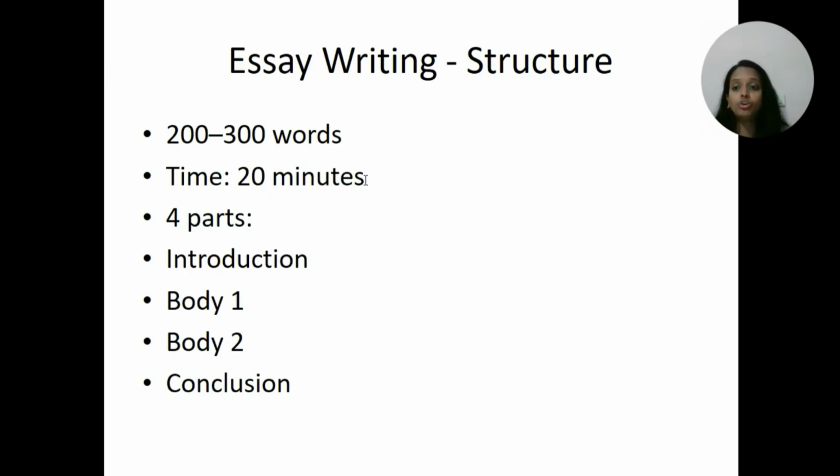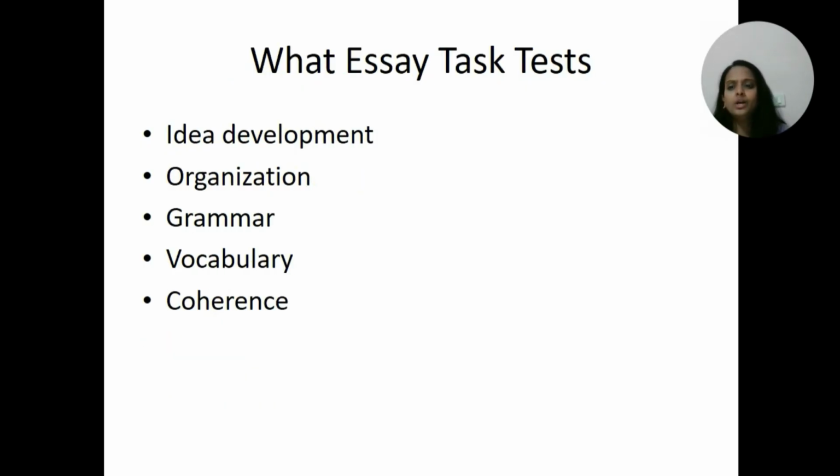And then it tests your organization, that means whether you're able to structure your ideas clearly, and do you have proper grammar control, whether your sentences are accurate or not, and do you use varied words, and whether your ideas connect smoothly in a natural way. So these are the things this task tests.